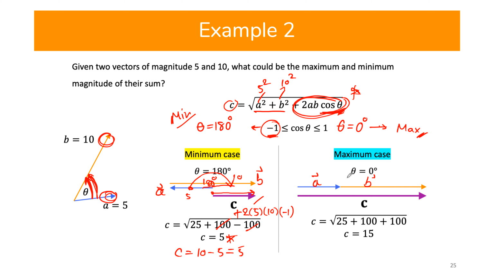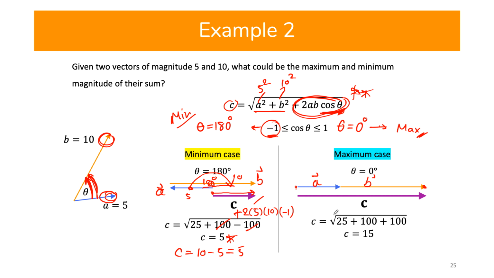So A is the first, B is the second. I have to draw from tail to head, and that will make a vector C, and C is super long, as you can see. What's the magnitude of C? We can use this equation again.